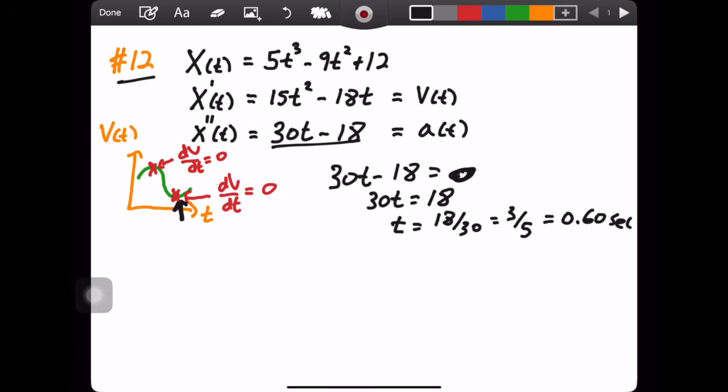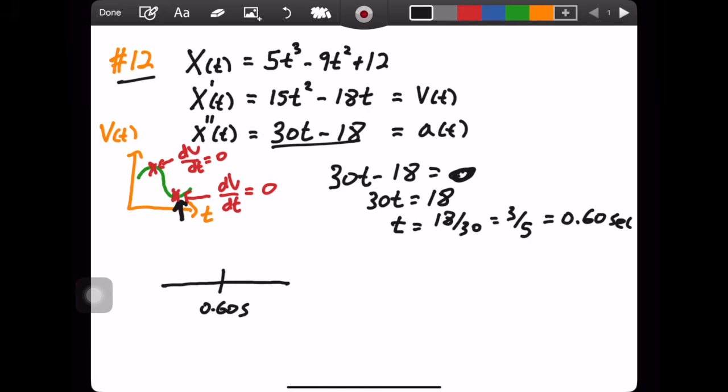So what we can do is called the second derivative test. And by the second derivative test, what I mean is that if I was to draw a line where I have 0.60 seconds, that's what we solved for, a time where the acceleration is equal to 0.